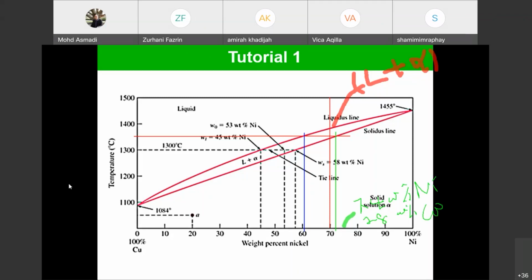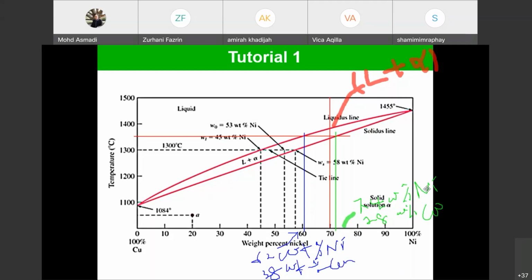And then here, around how many percent? 62 weight percent of nickel, and then the rest is around 38 weight percent copper. So that is the composition.